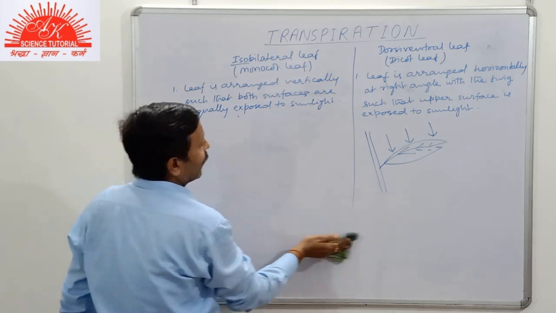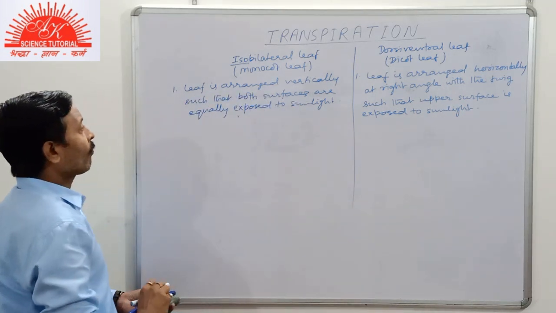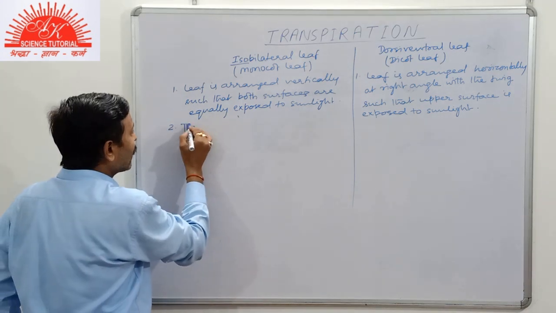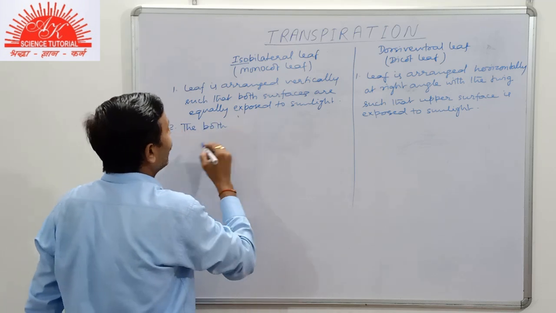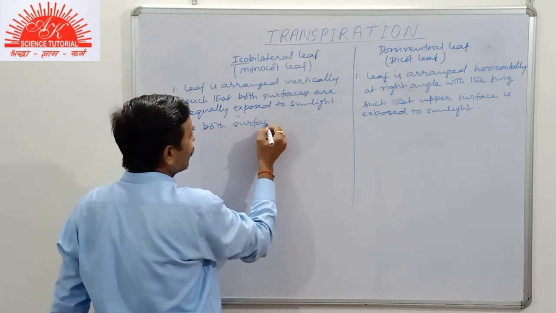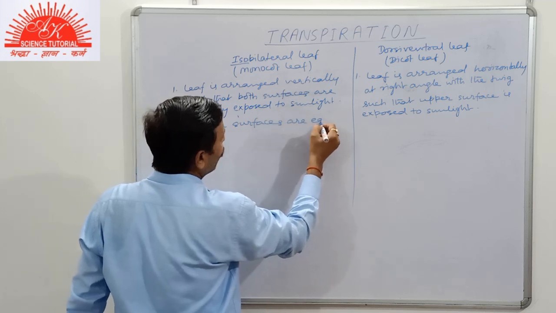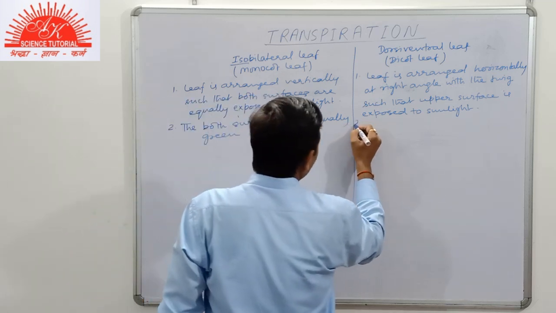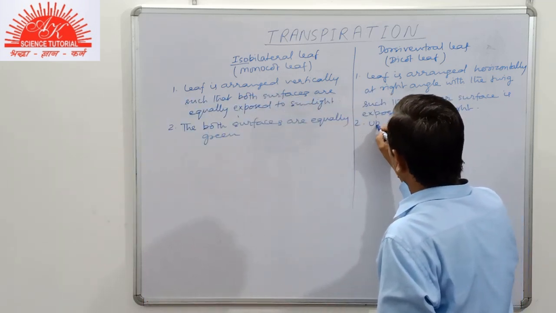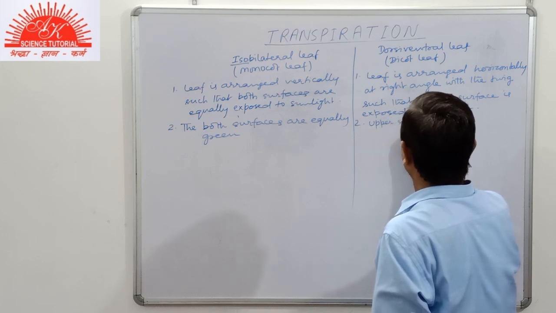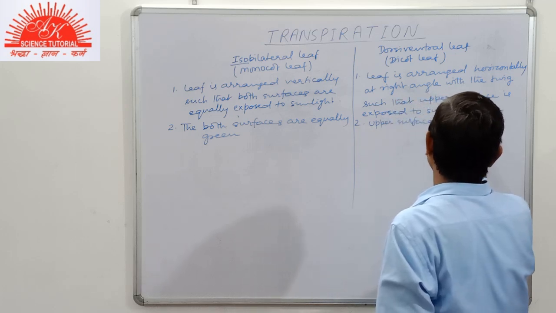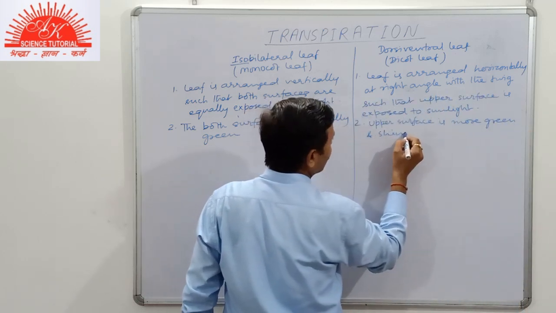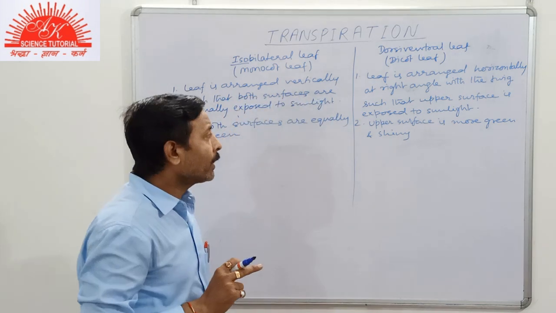The another point about its structure. Second point. In this case isobilateral, both surfaces are equally green. But in this case the upper surface is more green and shiny.